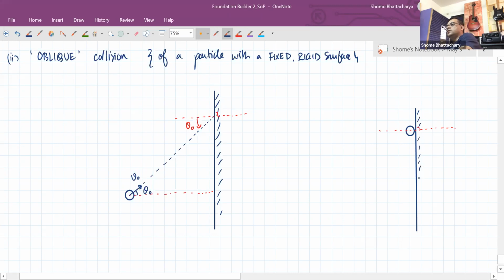So during contact, this one will experience an impulse in this direction, and this one, the wall, will experience an equal and opposite impulse in this direction. Okay.